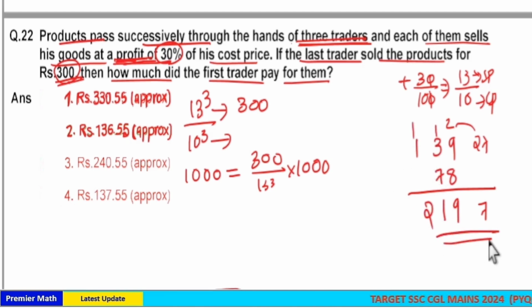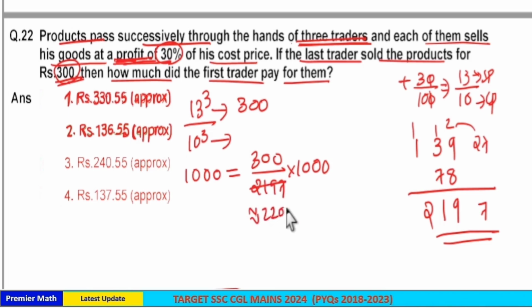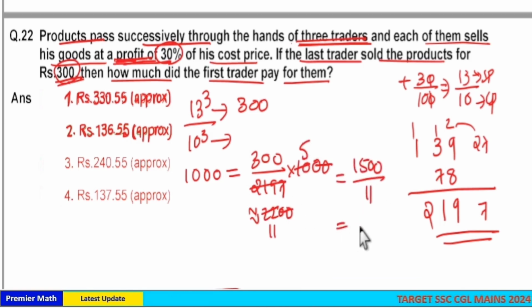So 2197 is equal to 13 cube. Now if I approximate it as 2200, now double zero cancel, 2 goes 11 times in 22, 2 goes 5 times in 10. Now this will become 1500 by 11. 11 goes 1 time in 15, 3 times in 40, 6 times in 70 and 3 times in 40.